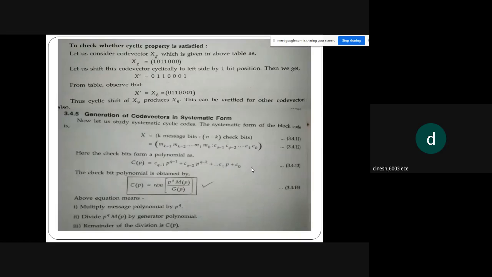Similarly, we need to do it for the remaining message bits also. Now for the remaining message bits, you are going to do it and tell me whether you're getting these answers correctly or not. You're going to check and tell me.